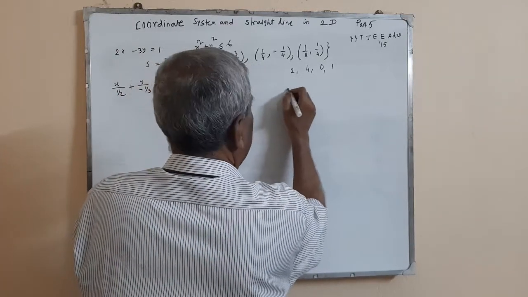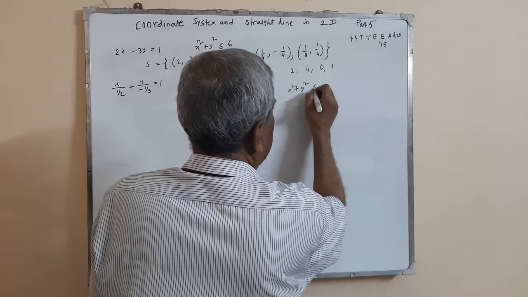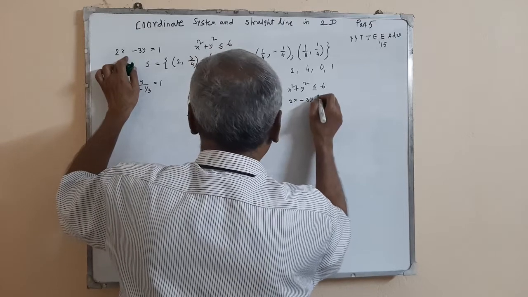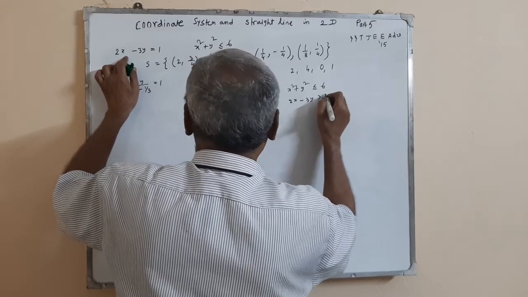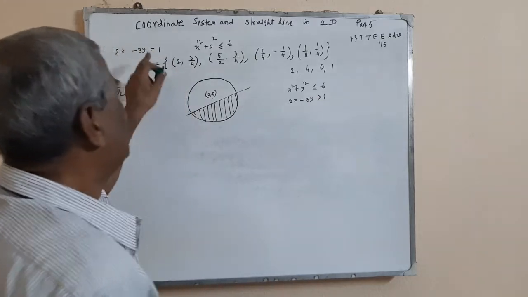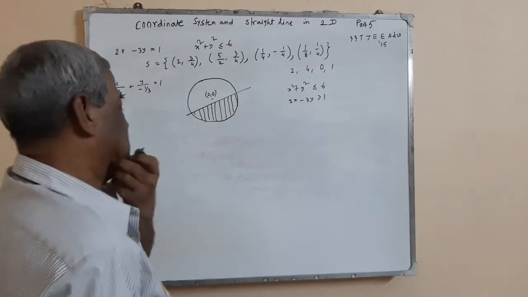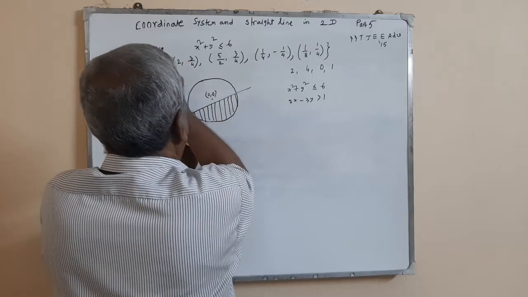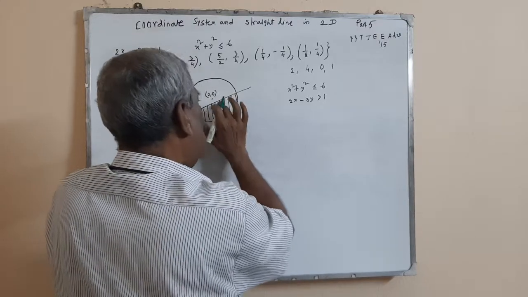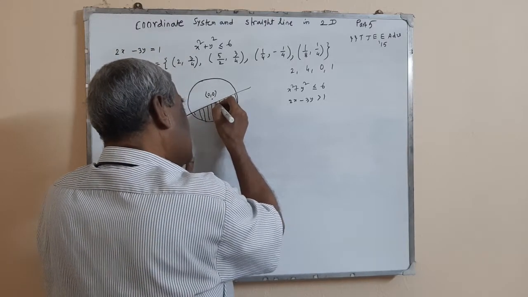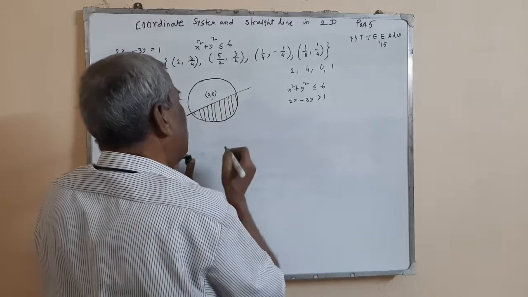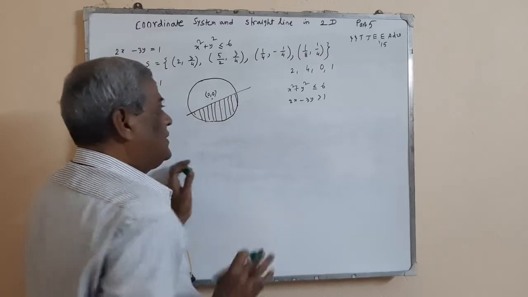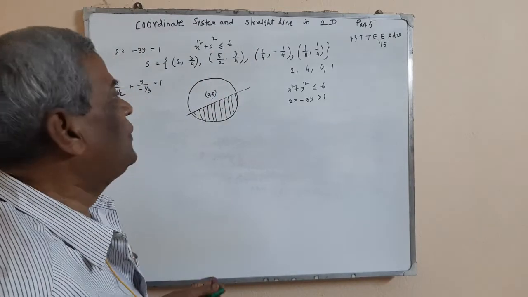So it would be x square plus y square less than or equal to 6 and 2x minus 3y greater than 1, because considering 0, 0 gives 0, which is less than 1. So our required points will be away from 0, 0. This part is our smaller region of the circle.